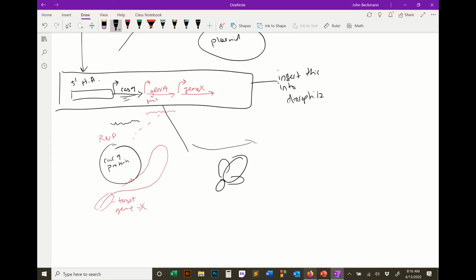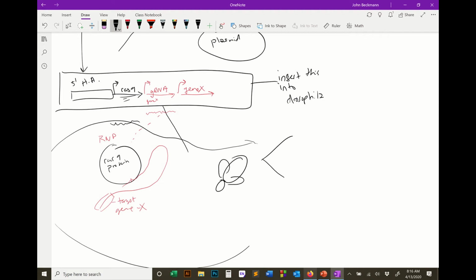Okay? Now what's going to happen? We're in this fly. This is all inside of this fly here. And this fly has 2 wild-type copies of gene X in its chromosomes. It's diploid, so it's got 2 chromosomes. And on those chromosomes somewhere is a sequence of the gene X, which we're targeting.